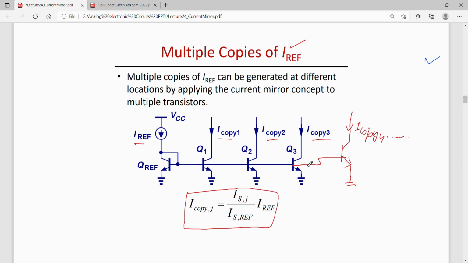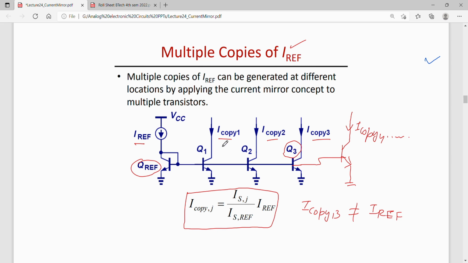Now let us say that this Q3 is not identical with Qref. Then that means that I copy 3 will not be equal to Iref, because the saturation current of the third and reference BJT will not be equal, because the transistors are not identical.